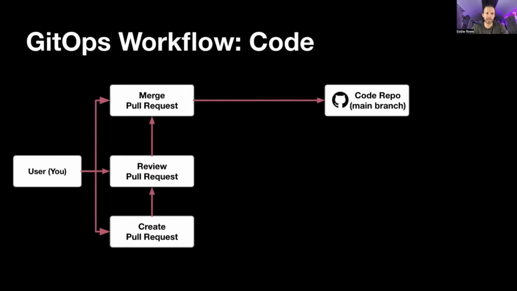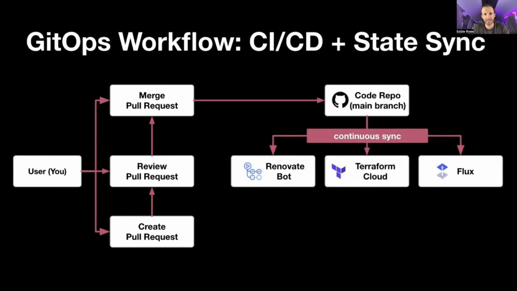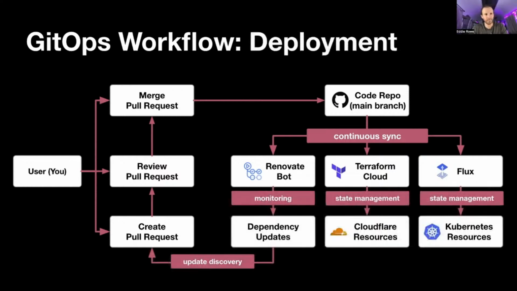As a result of that merging, the CI/CD and state sync take effect here. In our case, we're going to use Flux and Terraform Cloud, and these are responding to those state changes in the GitHub code repository that you just made changes to. Finally, our deployment occurs. As a result of that, infrastructure resources are created.